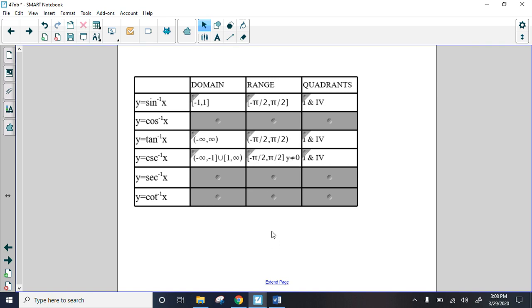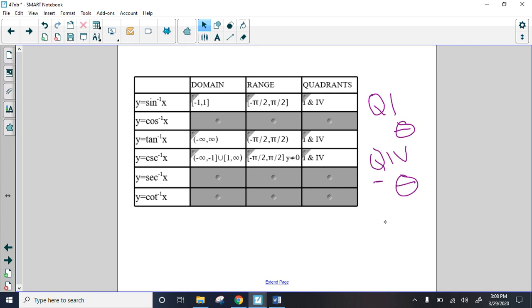Your answers need to fall between negative pi over 2 and pi over 2. So here's kind of some rules that you can follow. If your answer is positive and it's supposed to be in quadrant 1, you kind of just leave your angle alone. It's either pi over 6, pi over 4, or pi over 3, or something like that. If your answer is in quadrant 4, we're going to take the negative of that angle.